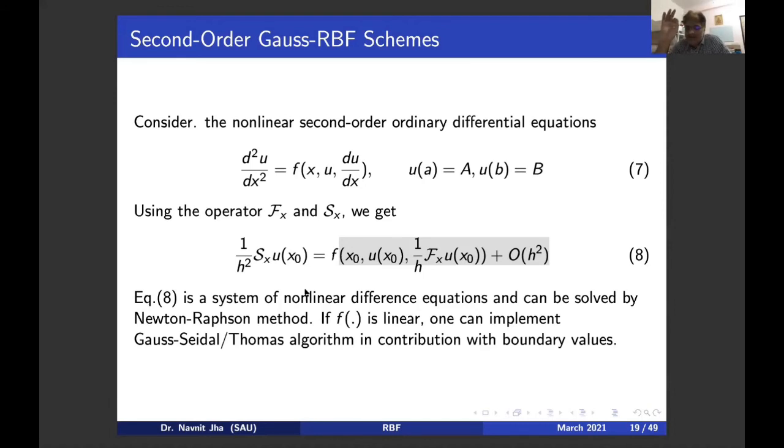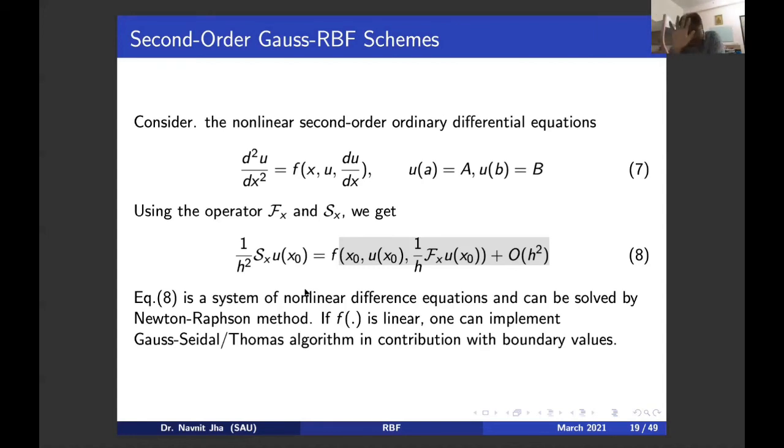I suggest it is better to use the Newton-Raphson method. That is the most reliable one. And if f is linear, we will apply the Thomas algorithm, or you can use Gaussian or Jacobi, or whatever linear iterative or direct method you wish.